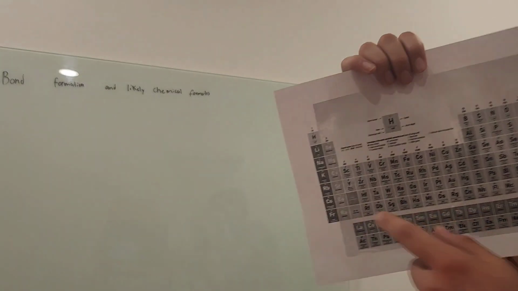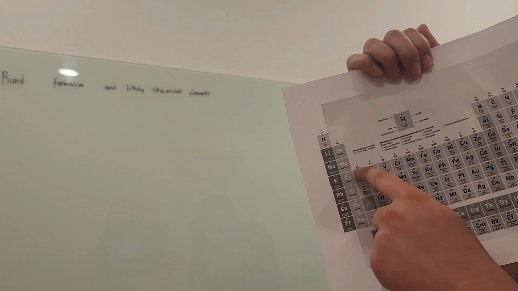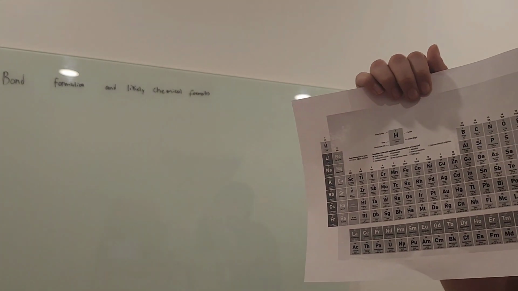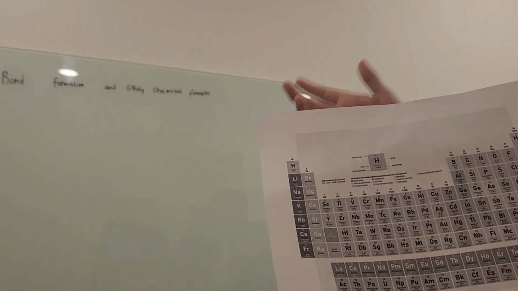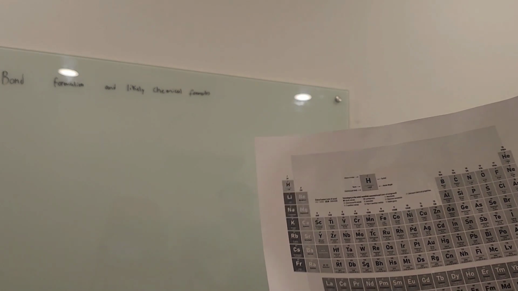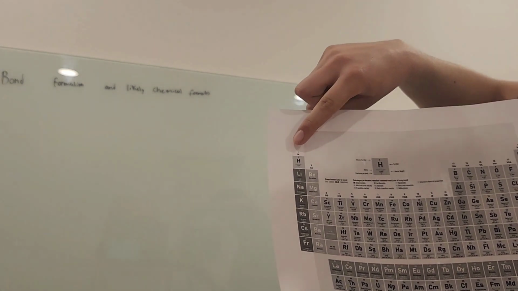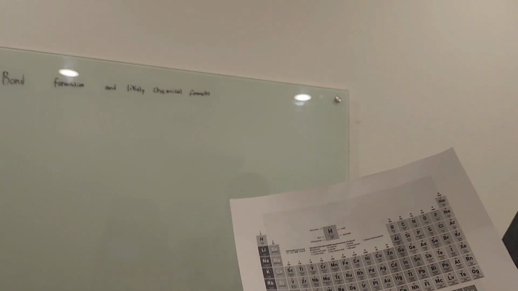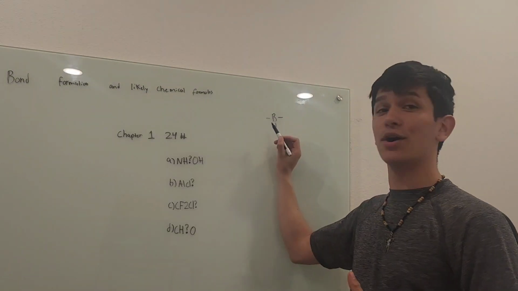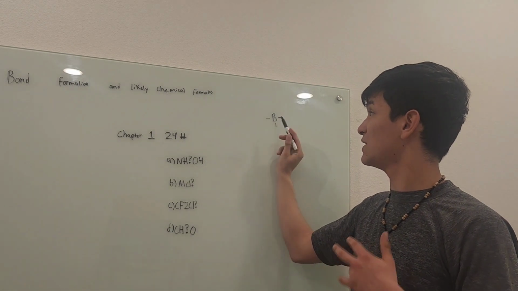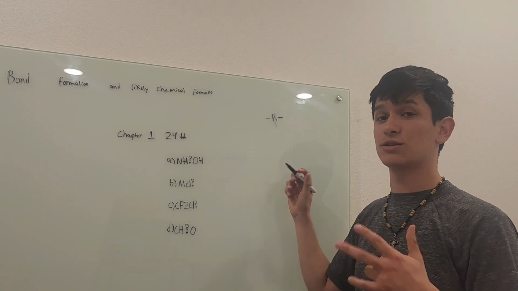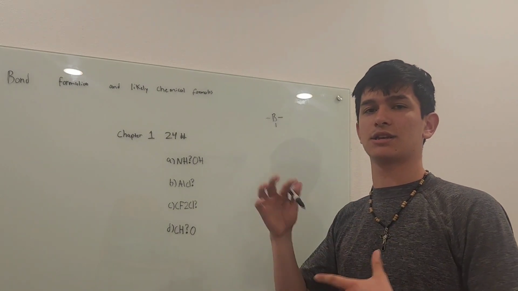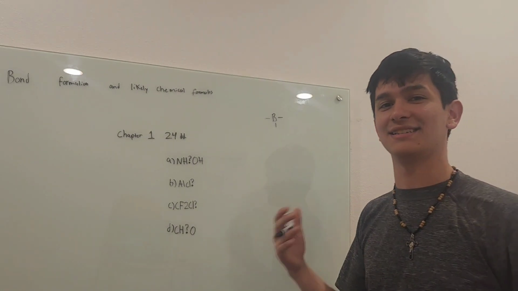So elements in groups 1 through 13 like to donate their electrons, right? Boron, because it makes ionic bonds, makes 3 bonds to donate those electrons to reach its octet, its noble gas status.